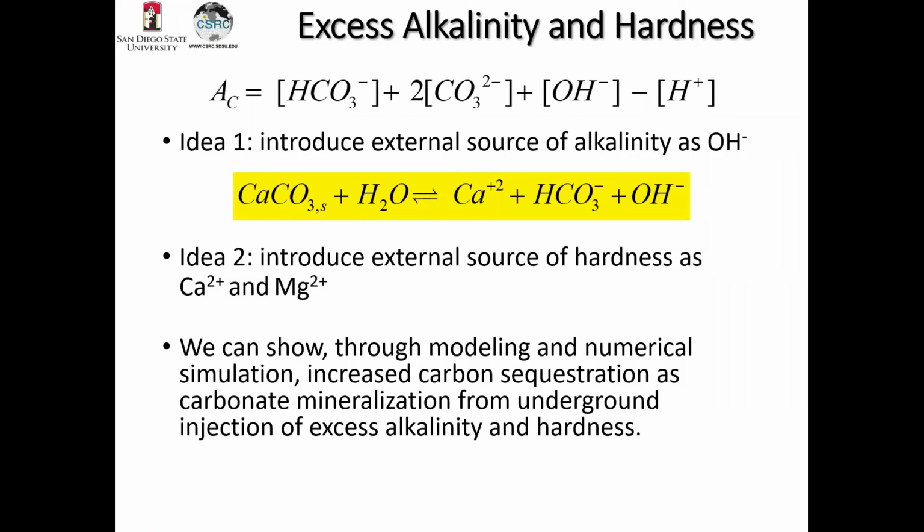So then you have this other alkaline term which allows you to precipitate calcite. Now, in order to do that, you have to introduce a source of hardness. What we mean by hardness is other ions, alkaline earth ions, that can combine with carbonate to form either dolomite or calcite.